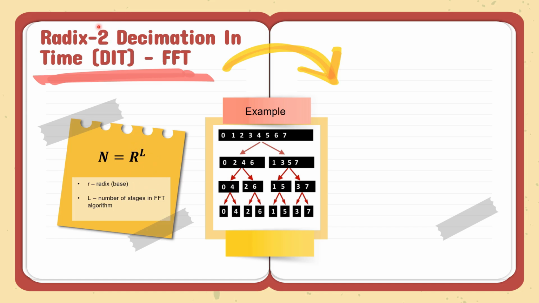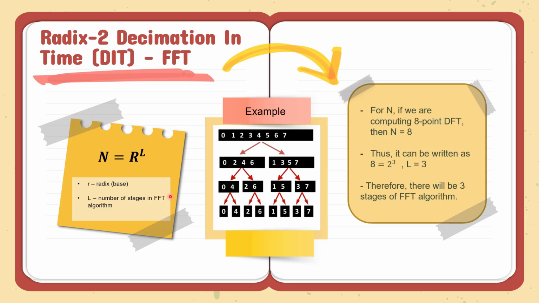So radix-2 will always have 2 as the R, and this L here represents the number of stages in the FFT algorithm. Hence, for an 8-point DFT, we will have 3 stages in the FFT algorithm.